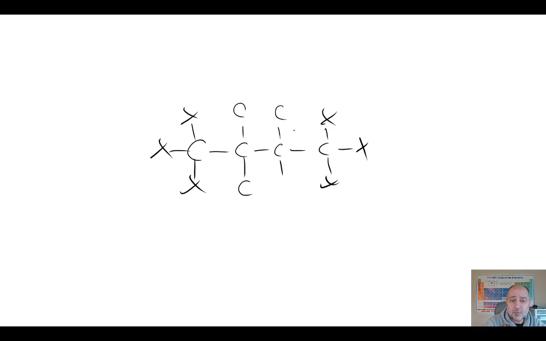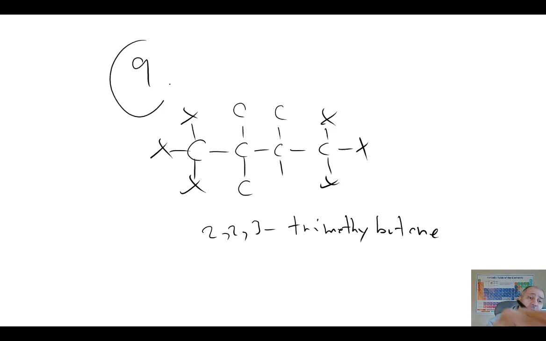Okay, so this would be 2,2,3-trimethylbutane. And nobody can read that. That's okay though. And this would be my isomer number 9.